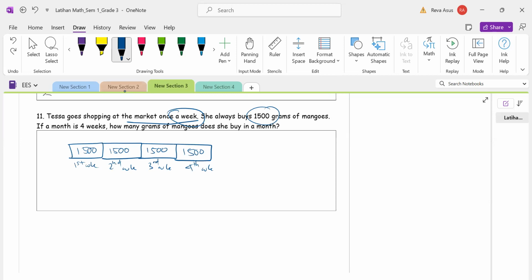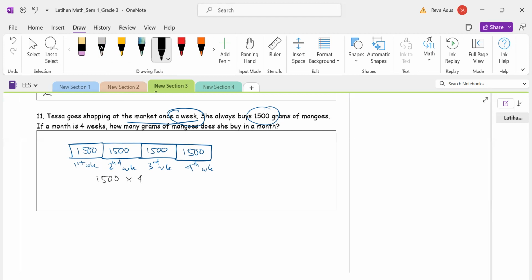How can we do it? There are 4 groups of 1,500. It means 4 times 1,500. Also, we can write it as 1,500 times 4.